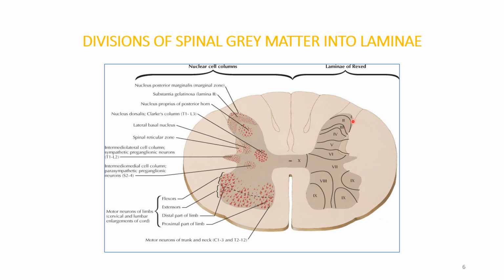From dorsal to ventral side, you can see lamina 1, lamina 2, lamina 3, lamina 4, lamina 5, lamina 6, lamina 7, lamina 8, lamina 9, and at the central position you have lamina 10.